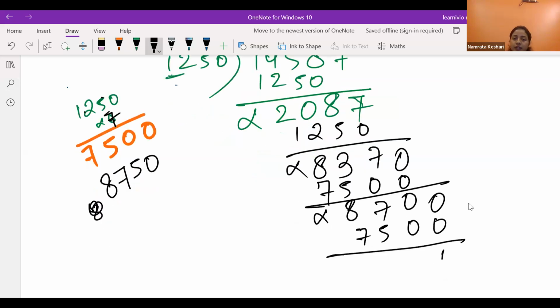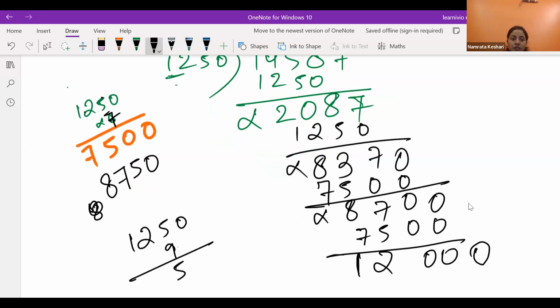So we are getting 0 0 2 7 8 minus 7 1. 1 2 0 0, we are getting one more 0, and I believe 9 times it will go, right? Yes, ma'am. Yeah, 9 times it is going, 11250.